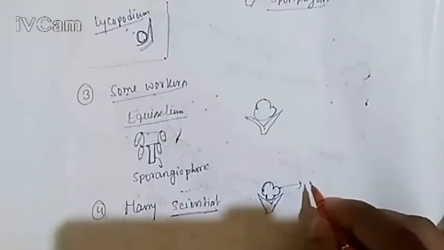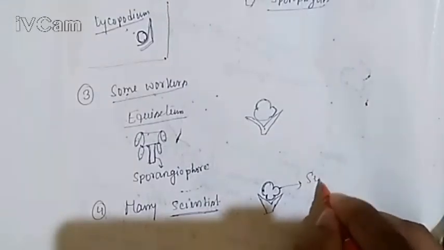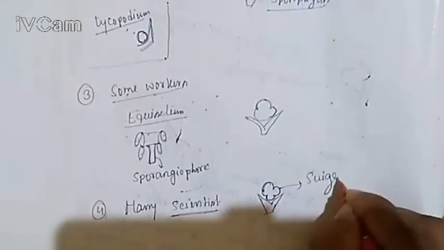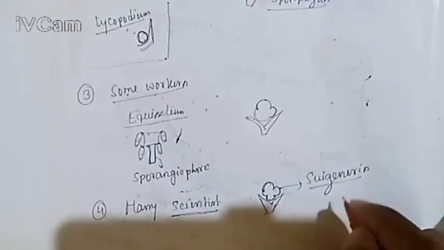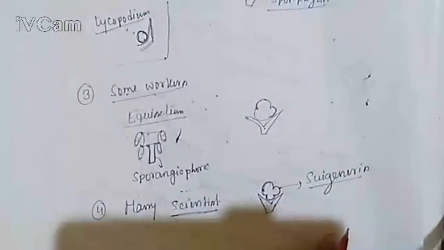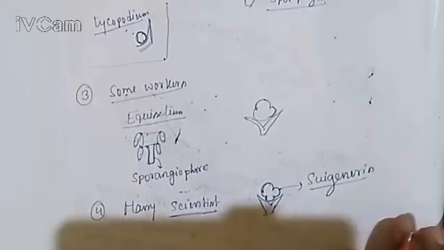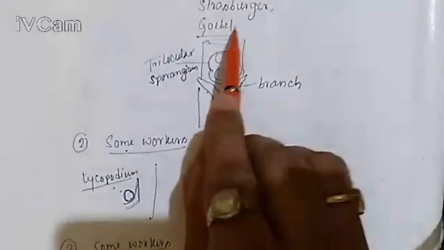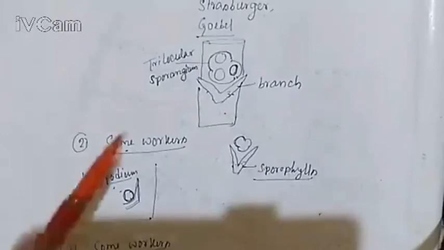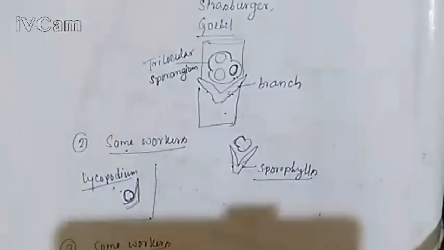So for this structure they use the term sui generis, a new word for you. Sui generis is a terminology used in a controversial case, because if you look at the previous opinions, according to the first, Jurani, Stesberger and Goebel describe this as a trilocular sporangium.